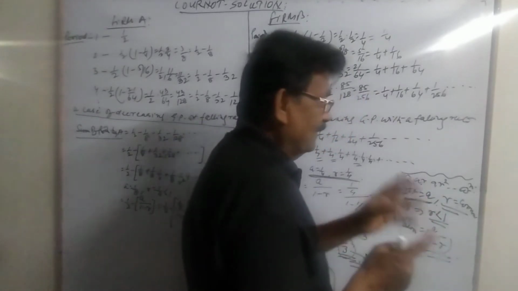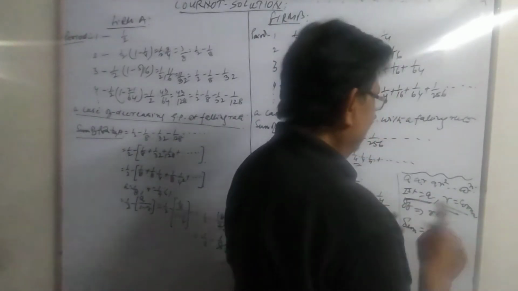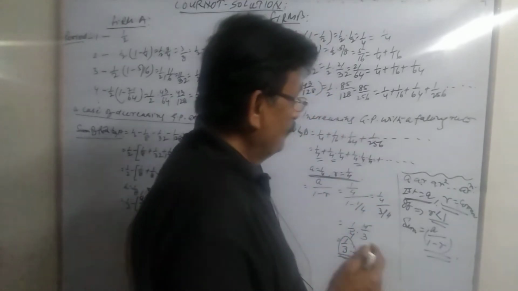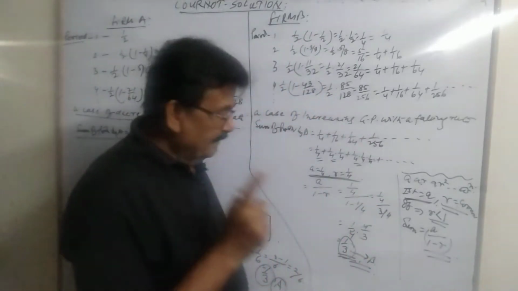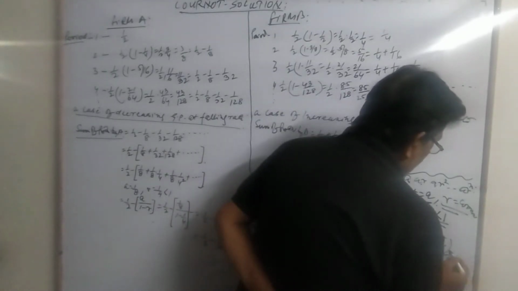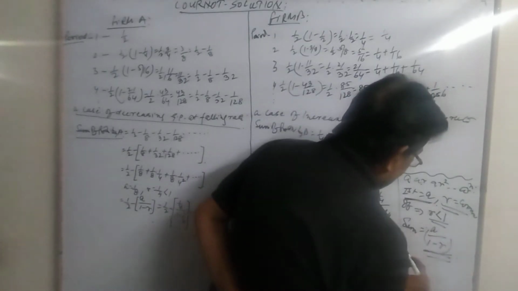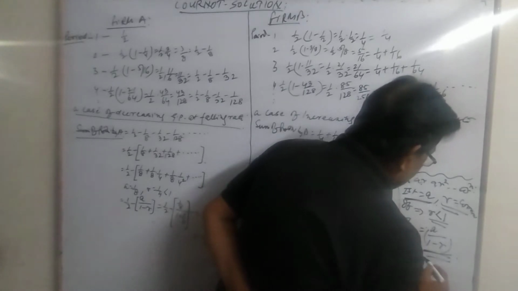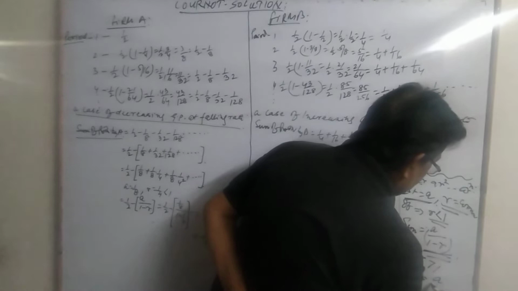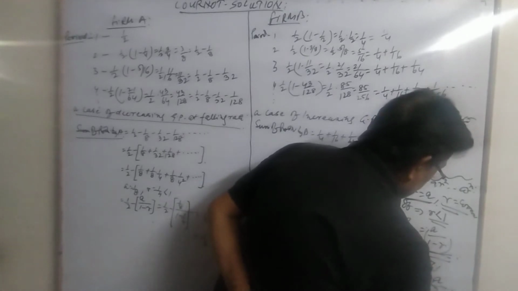The common ratio could have two possibilities, either less than 1 or greater than 1. If R is less than 1, then the summation of that series would be found by this formula, A upon 1 minus R. And if R is greater than 1, then this summation becomes A by R minus 1. This is the only difference, nothing more.